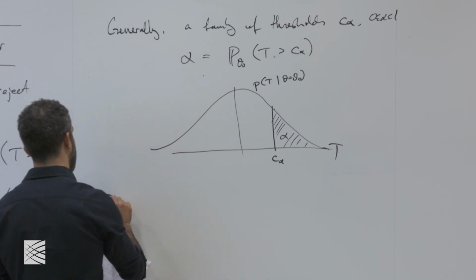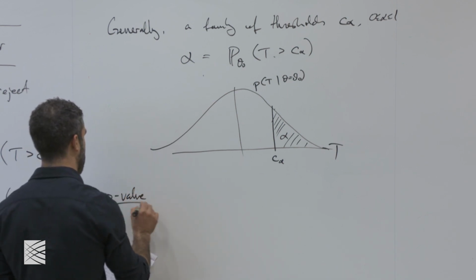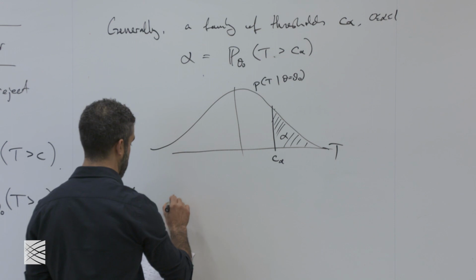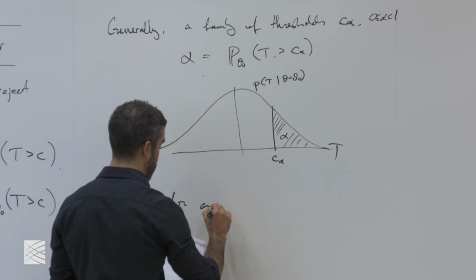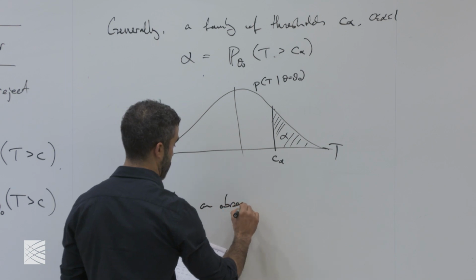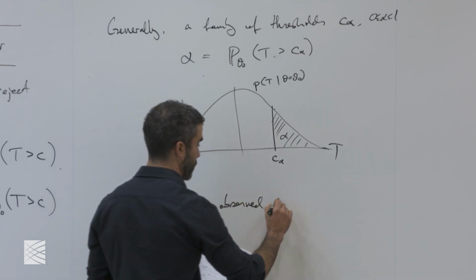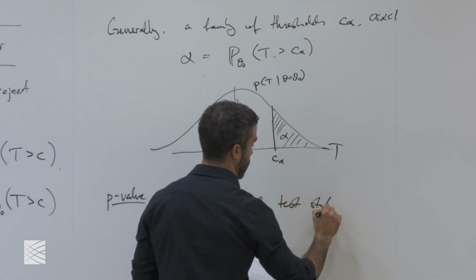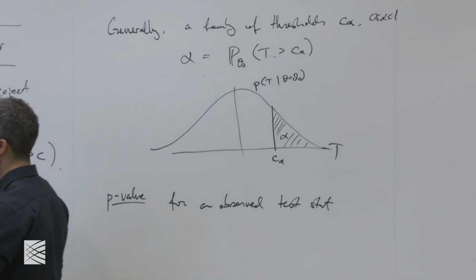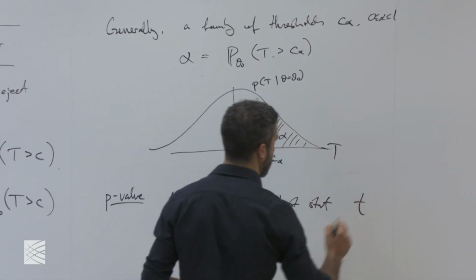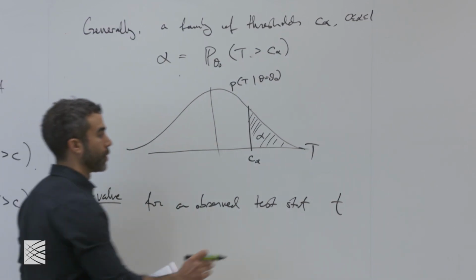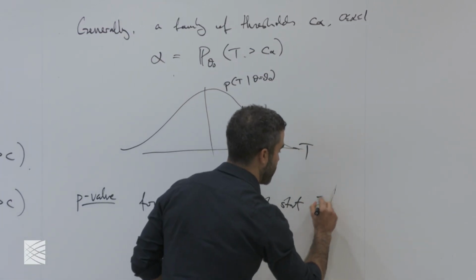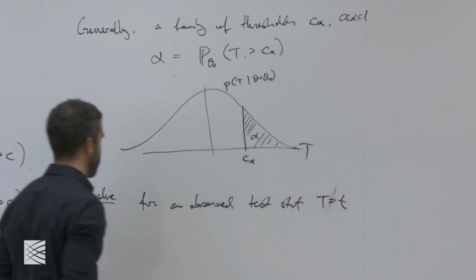And finally, I'm going to introduce the p-value. The p-value for an observed test statistic. Now, I've been writing the test statistic as a random variable. Now, just suppose that we have some actual value t. Or let me write t equals t.